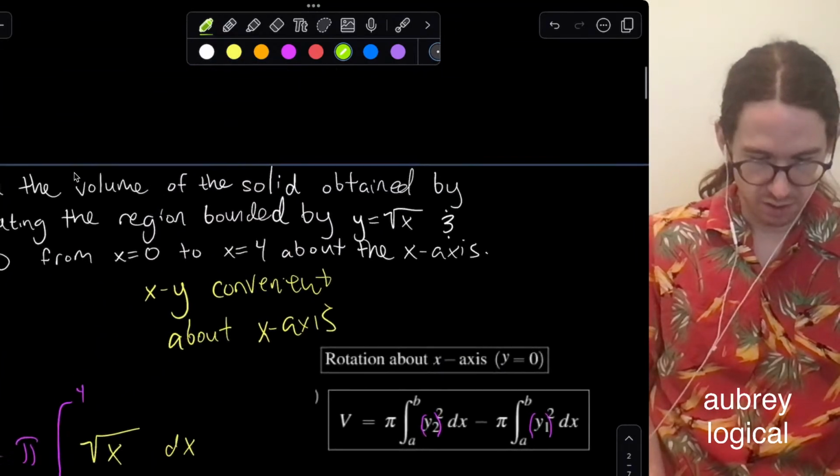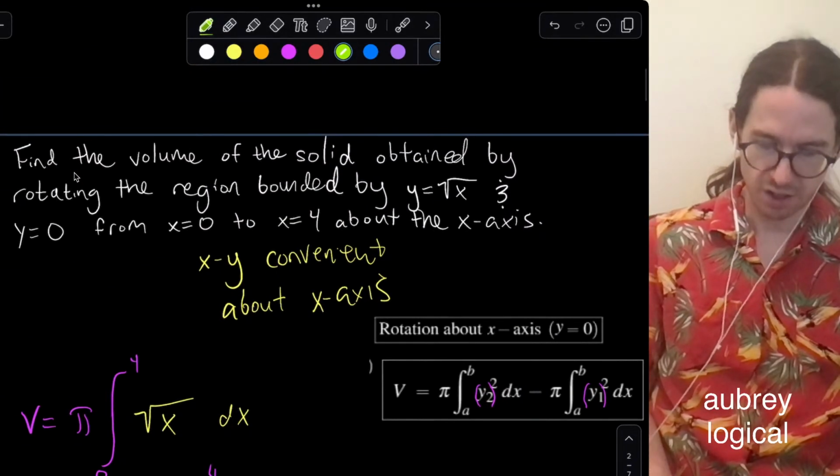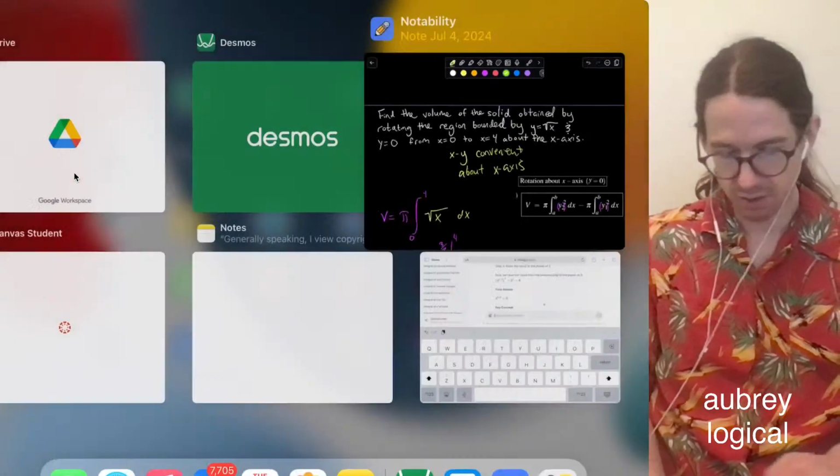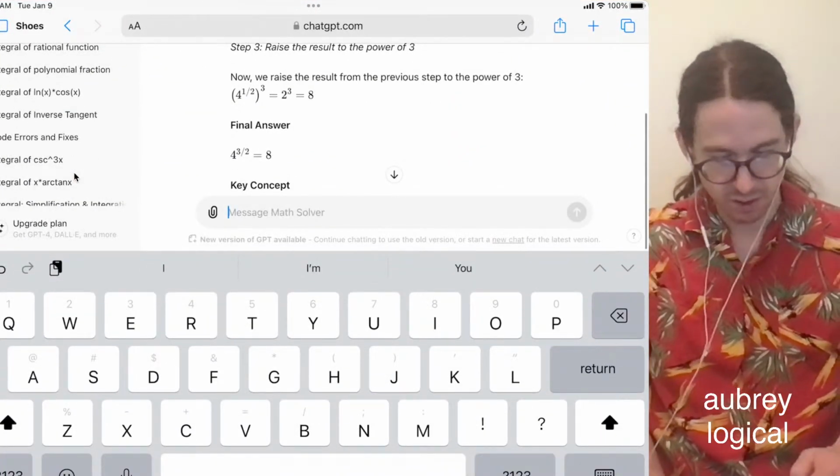And now we can go ahead and check our answers. Y is equal to root x, y is equal to 0.